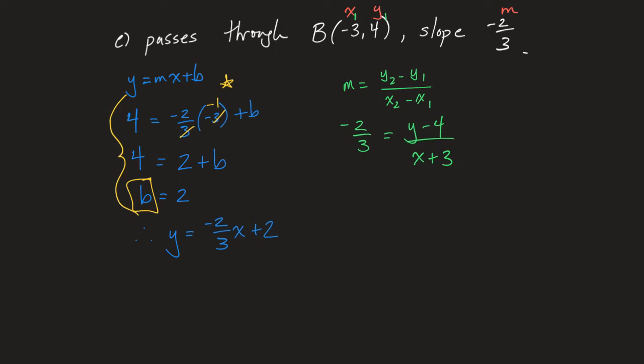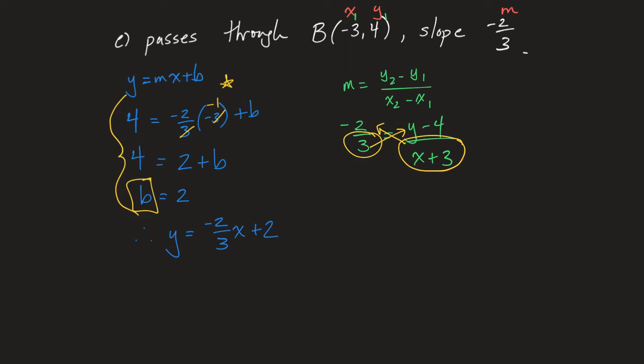However, we can get rid of all of those divide bys. Like, how do we get rid of a divide by 3? Well, we multiply the other side by 3. How do I get rid of a divide by x plus 3? Well, I multiply the other side by x plus 3.